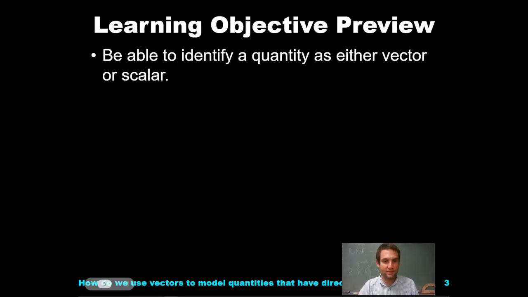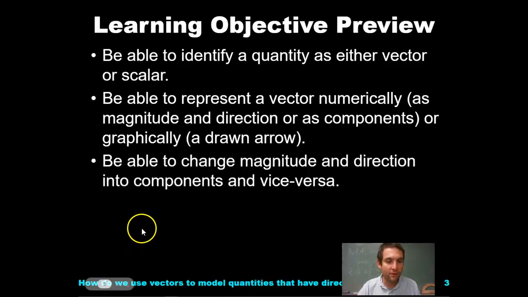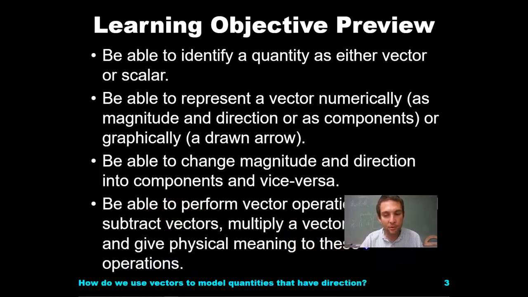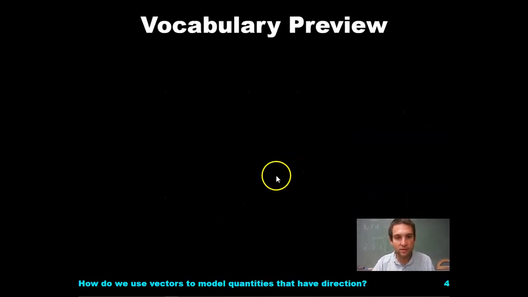We need to be able to represent a vector numerically as magnitude and direction, or as components, or graphically, which is just a drawn arrow. We need to be able to change magnitude and direction into components, and components into magnitude and direction. We need to be able to perform vector operations: add and subtract vectors, multiply a vector by a scalar, and give physical meaning to these operations.